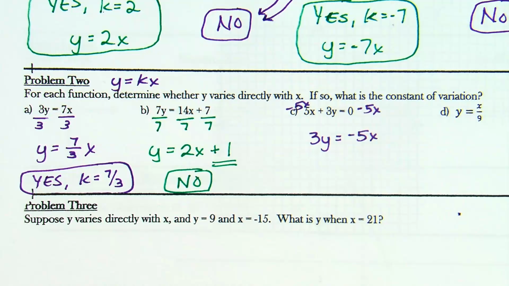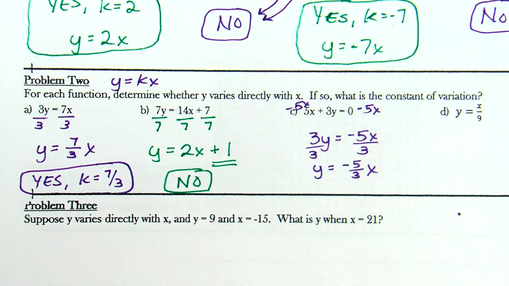Is y by itself? No. How do you separate a 3y? Divide by 3 on both sides. So now, y is negative 5/3 x. Now you can write that as negative 5x over 3, but to me it's just easier to say negative 5/3 x.